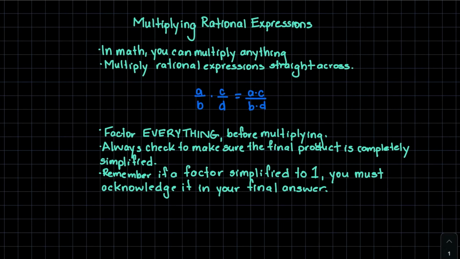And please remember, if a factor does simplify to 1, you must acknowledge it in your final answer. And if you don't know what I mean by acknowledge it, take a look back at the simplifying rational expressions video, or just catch on as I go through each of the examples. All right, let's get started.